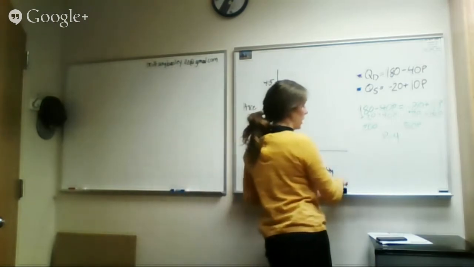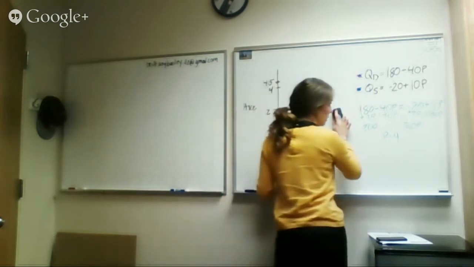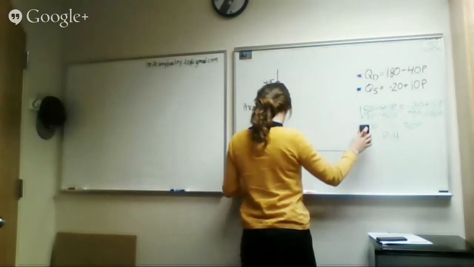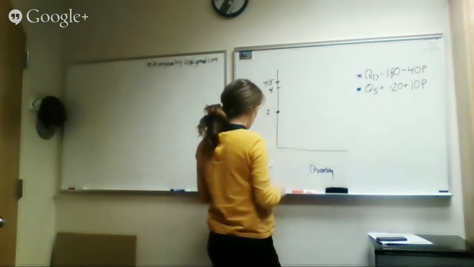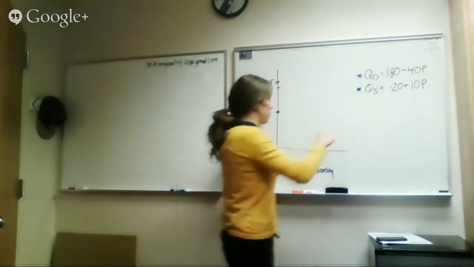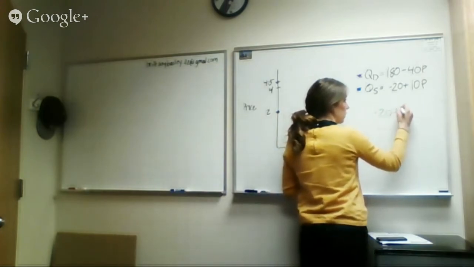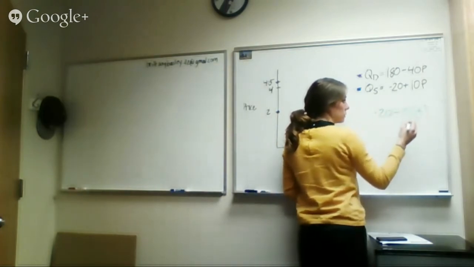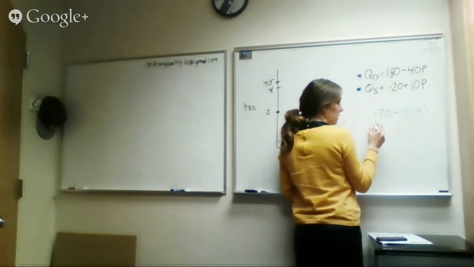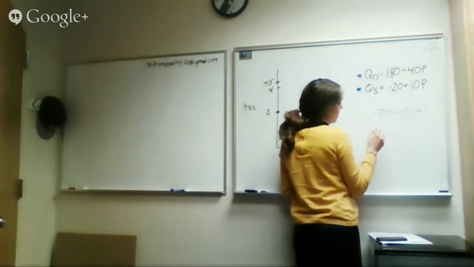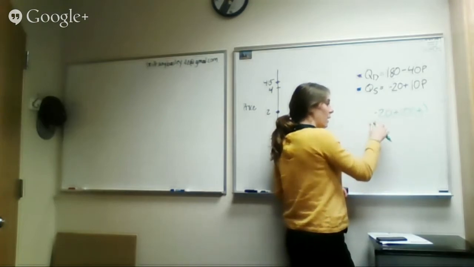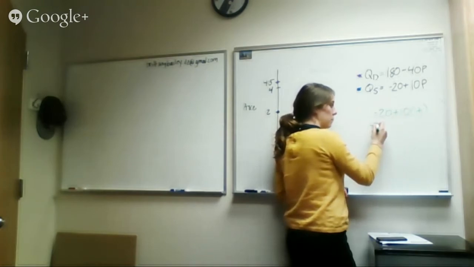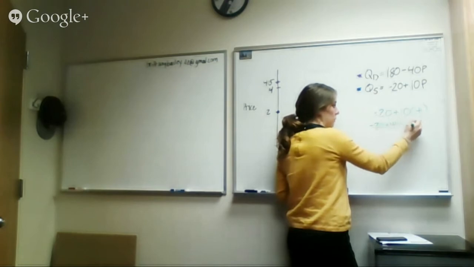I want to also know where that quantity point is located. So I'm going to erase this and figure out what the quantity is. So if price is 4, then you can do negative 20 plus 10 times 4. So we get negative 20 plus 40, which equals 20.